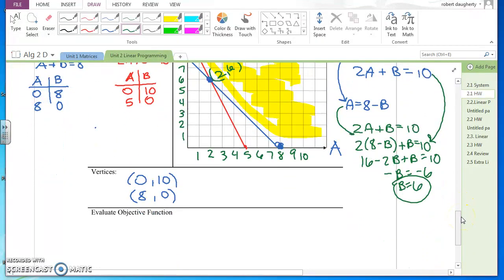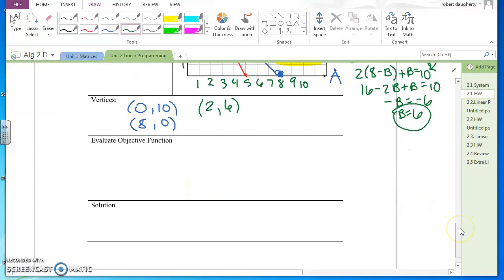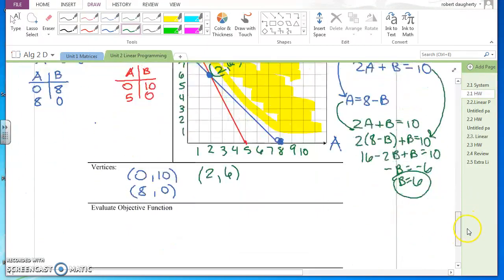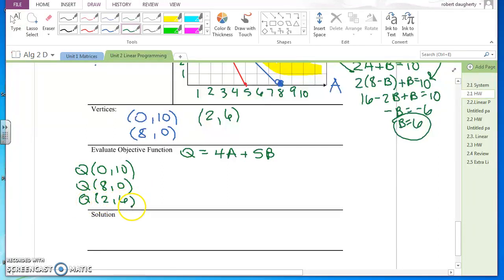And so now my vertices are simply 0, 10, 8, 0, and 2, 6. So I need to evaluate my objective function, which was 4a plus 5b, at each point. So at 0, 10, at 8, 0, and at 2, 6.